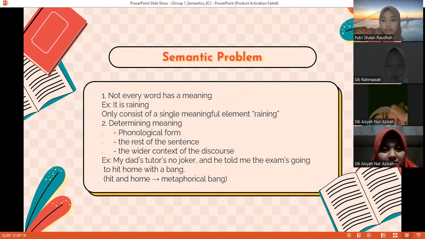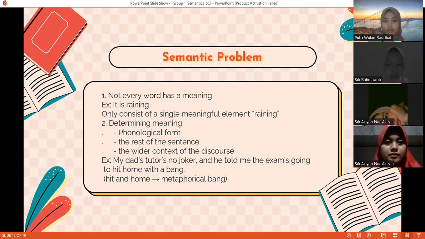There are two problems in semantics. For the first problem, not every word has meaning. Many words in everyday language do not carry any meaning. For example, it is raining. There is only one element in this sentence with any independent meaning.